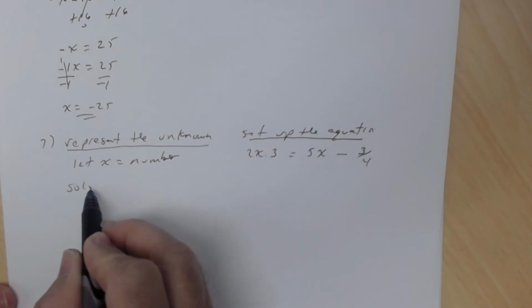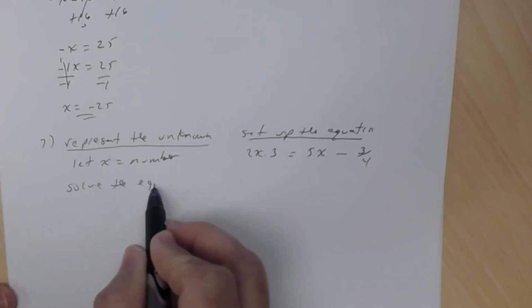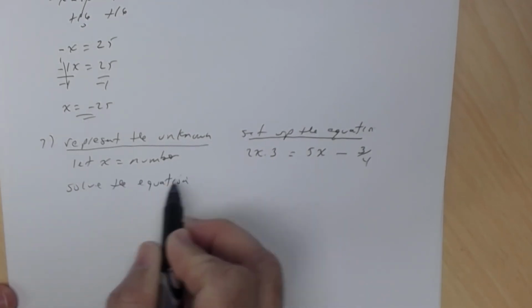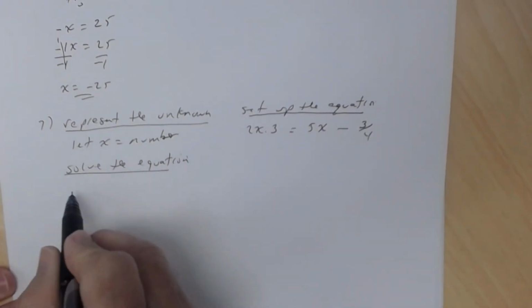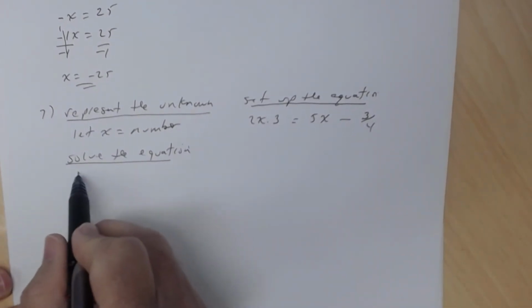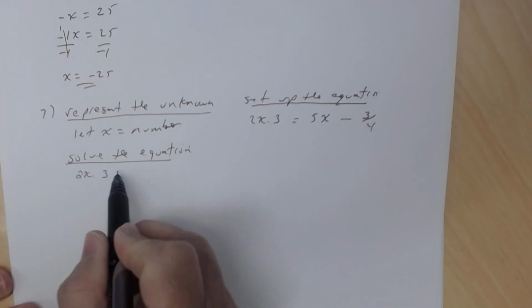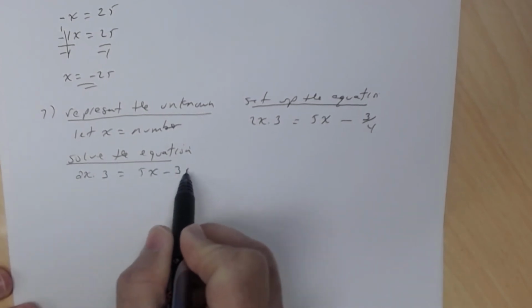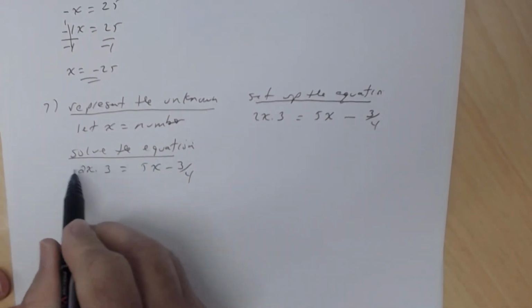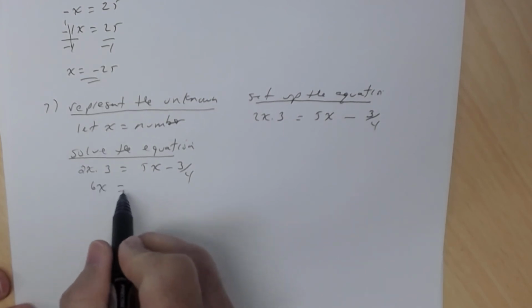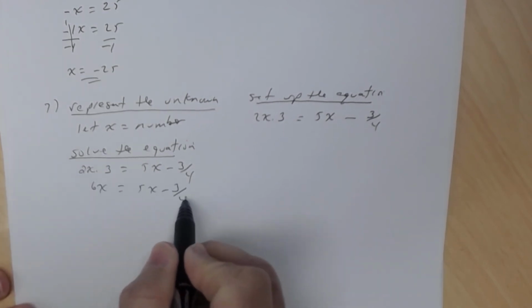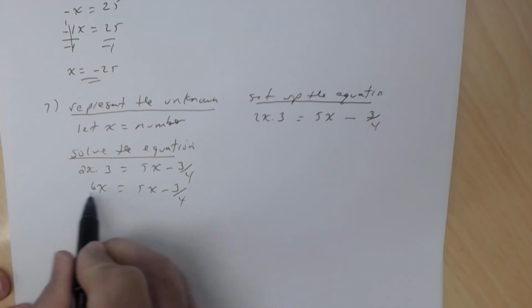Then you're going to solve the equation. I'm just going to rewrite what we have: 2x times 3 equals 5x minus 3/4. So 2x times 3 is 6x. Then I'm going to bring the variables to the left.